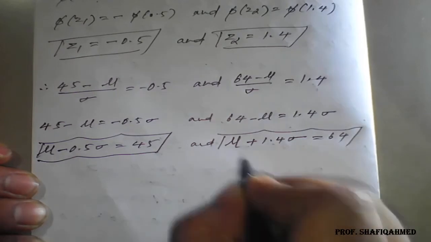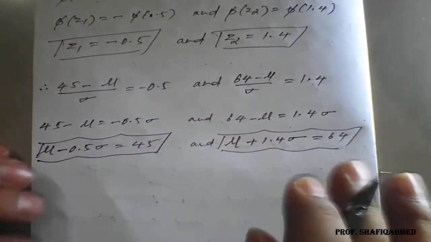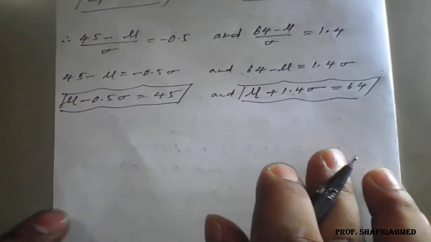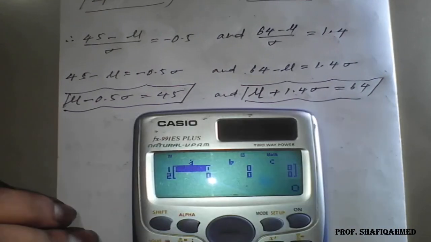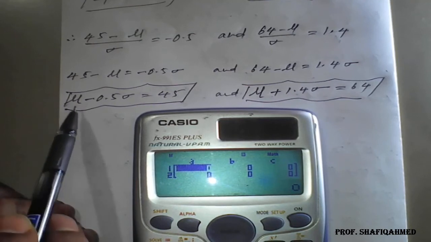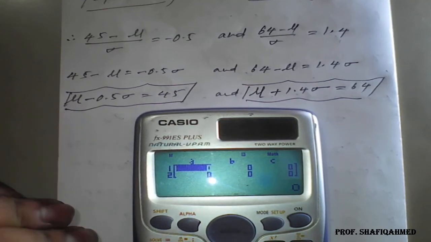We got two equations, two simultaneous equations we need to solve. So we'll take the calculator and apply the coefficients. Whatever x value we get from the calculator is the value of mu, and y will be the standard deviation, rho.